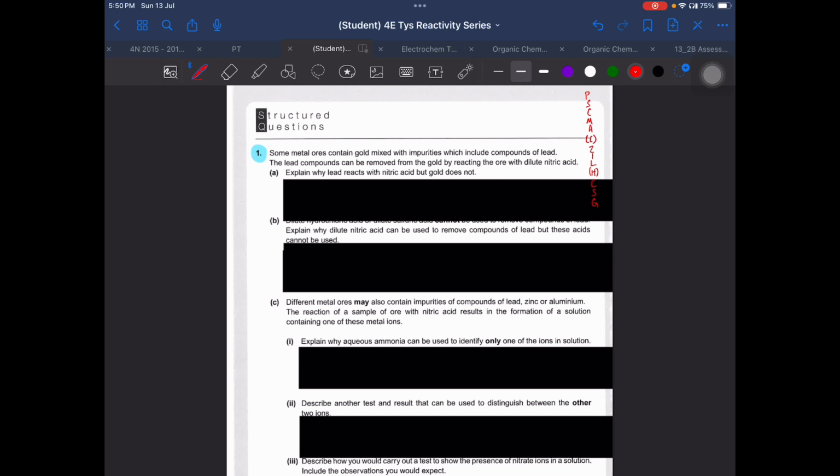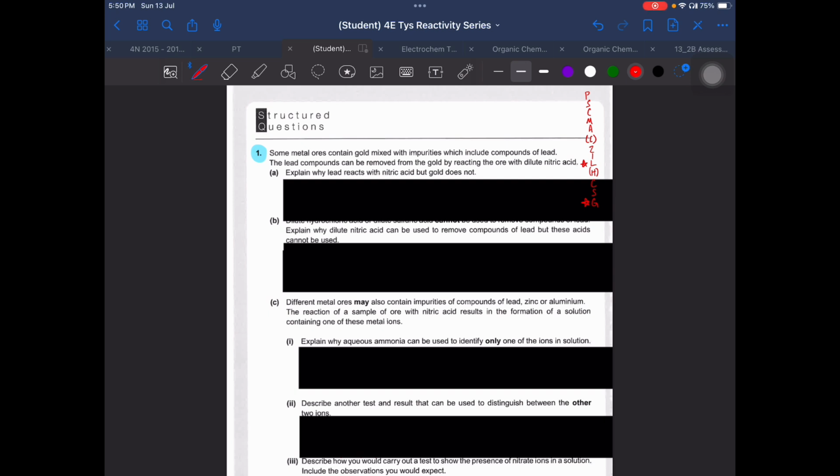We know that our reactivity series is as such, right, starting from the most reactive metal to the least reactive metal. And of course, all of us know that lead, in comparison to gold, has a difference in terms of their reactivity. But the difficulty in this question is actually the marks that are being allocated.